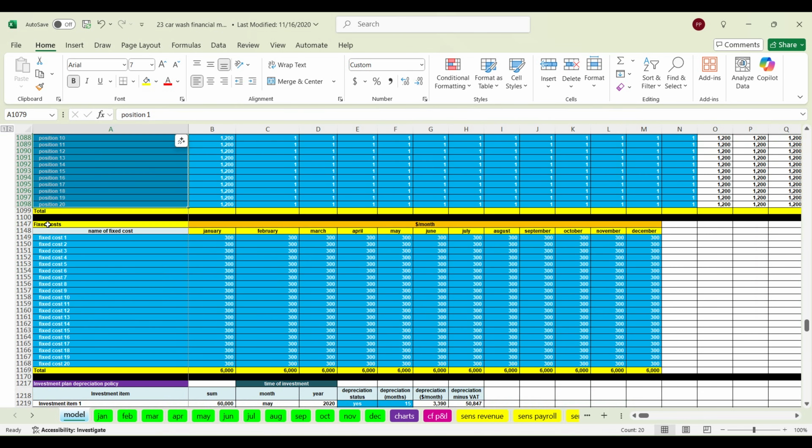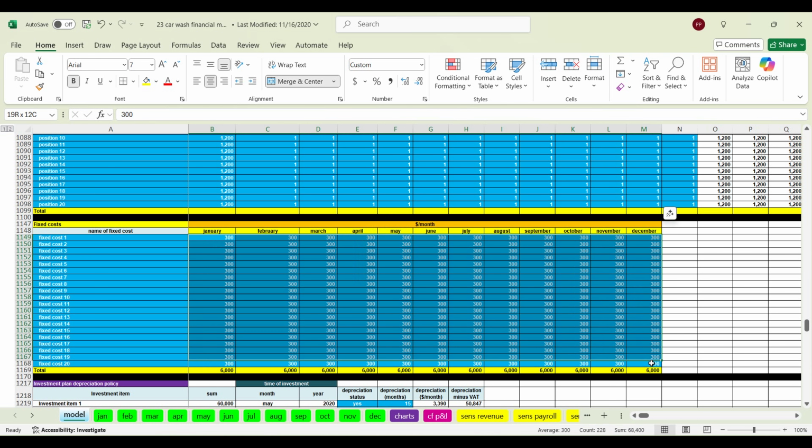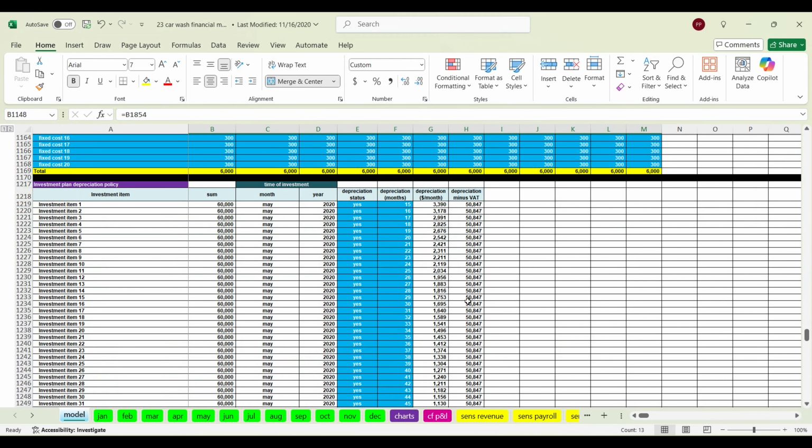Then we have the fixed costs. These are the articles for the fixed cost. These are the values for the fixed cost. We have the typical year, and here in this area we can specify the fixed cost expenses depending on seasonality, if we have any, because despite them being called fixed, you may also have some seasonality even inside fixed cost items.